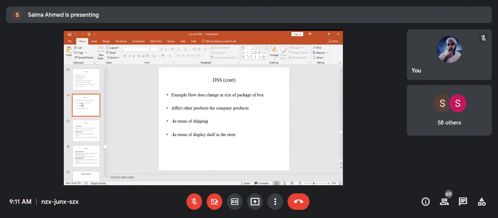The retailer will give me only that limited space. So maybe I'll be able to display only 5 units on the retailer shelf. So this is how you relate it in terms of display on the store shelf, and in terms of shipping cost. So whatever the variables are, if they are built into the system, it will be able to answer. If it is not built into the system, it will not be able to answer that query.